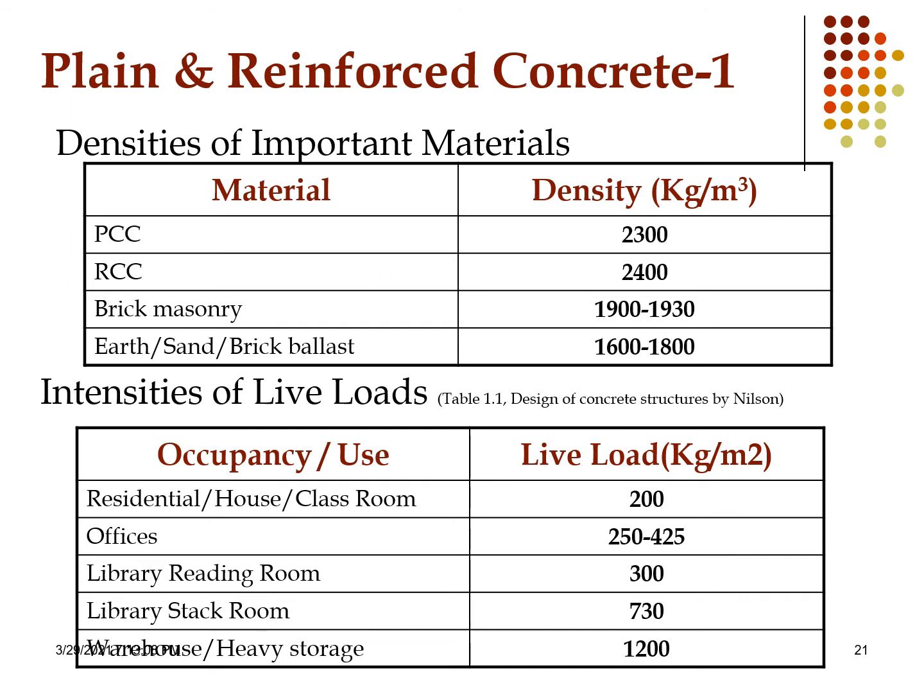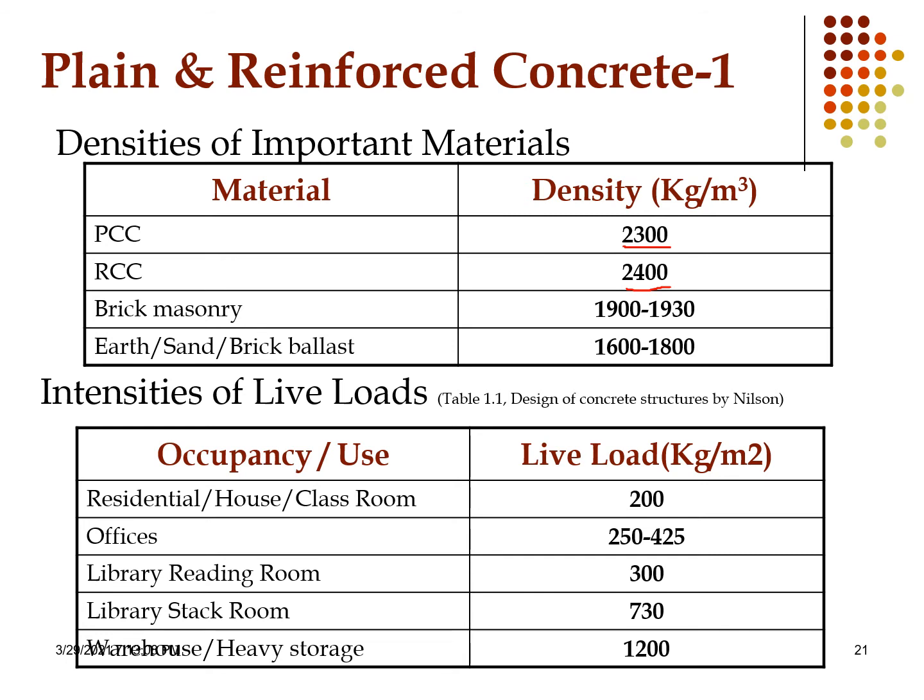Now some important densities of materials. If we are using PCC, normally the density we need to assume is 2300 kg per meter cube. If we have an RCC member, the density we need to assume is 2400 kg per meter cube.